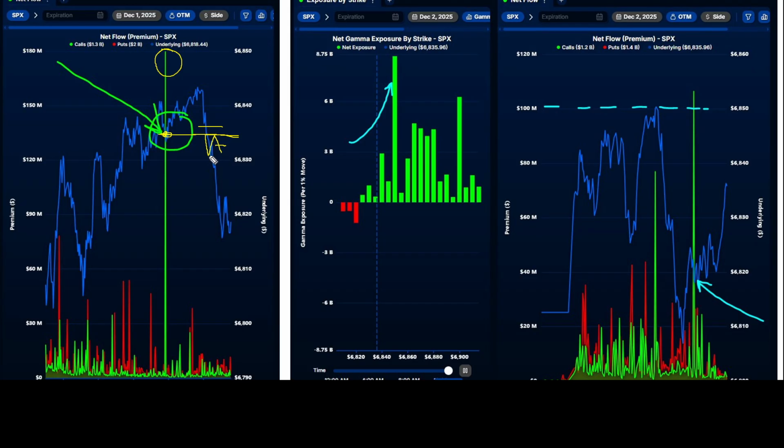Data gives us beautiful entries when you see that kind of spike. But the most important thing here is that you have to configure the net flow chart using 0DTE, or the net flow premium, in the same day session, only taking into account the positions that are placed on the same day.